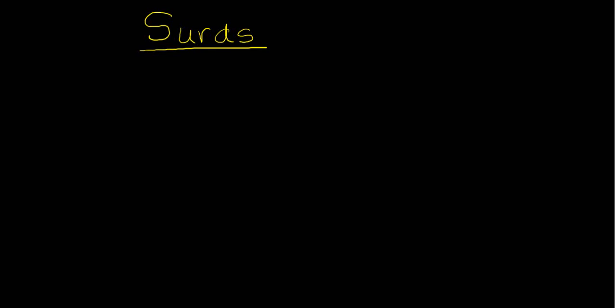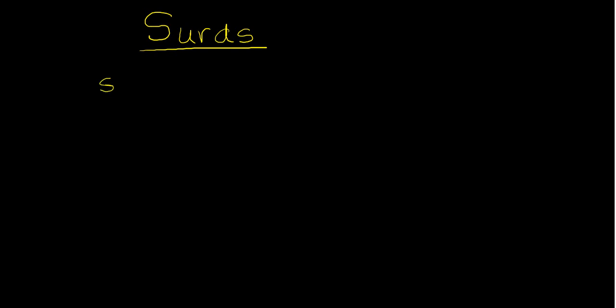What we're going to try and do is, first we are going to learn how to simplify surds, and then we'll take it from there really. Okay, so let's start off simplifying surds.